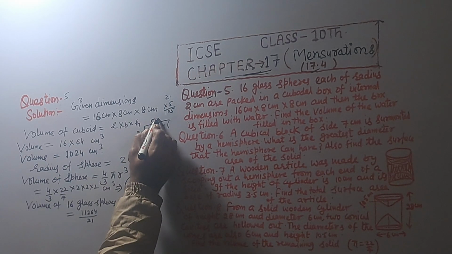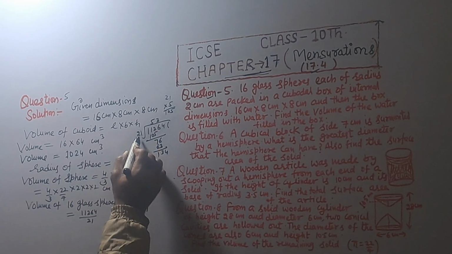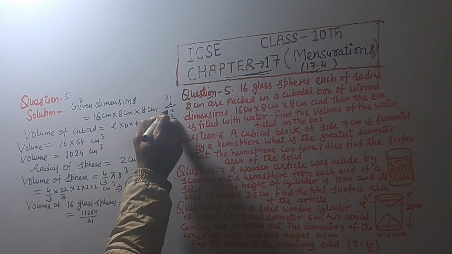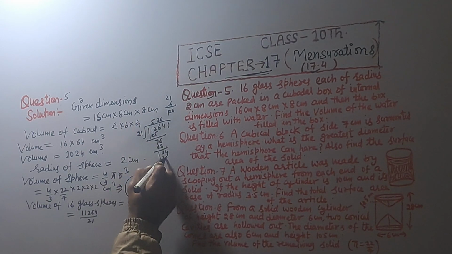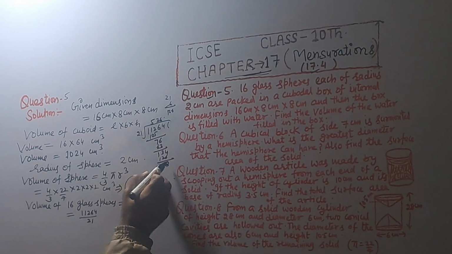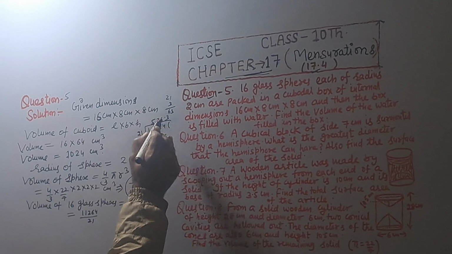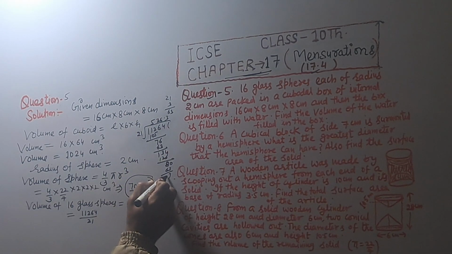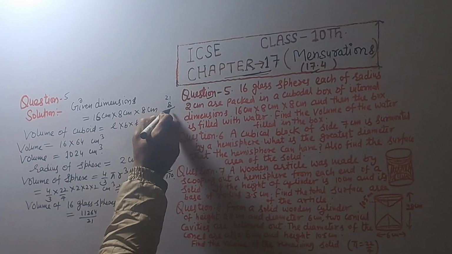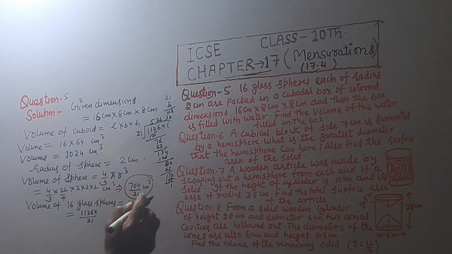21 3s are 63. 21 6s are 126. 14 minus 6, that is equal to 8. 21 multiplied by 8 is 168 approx.